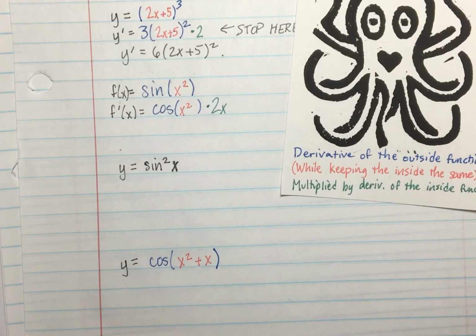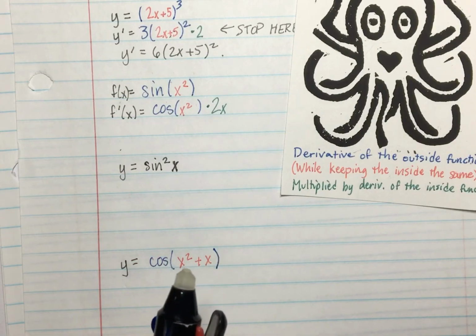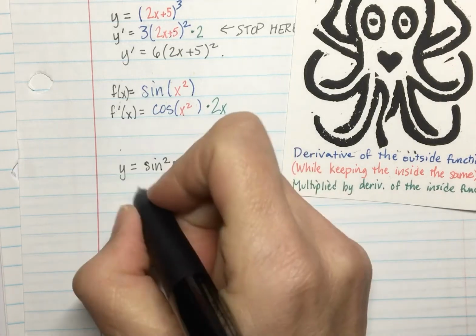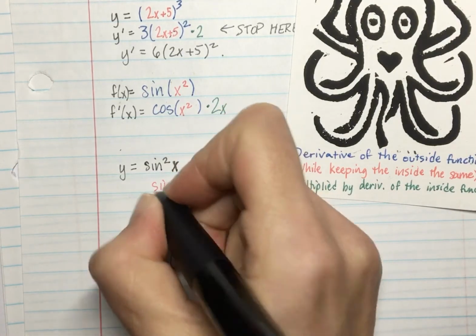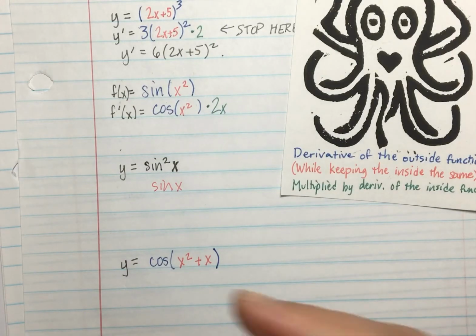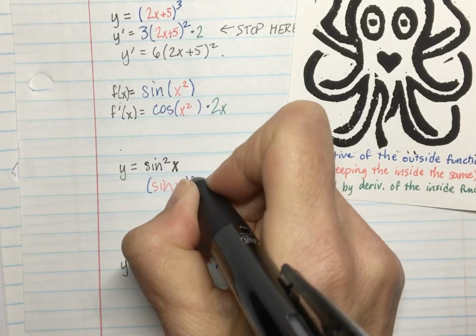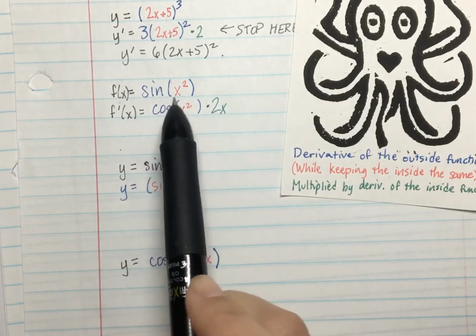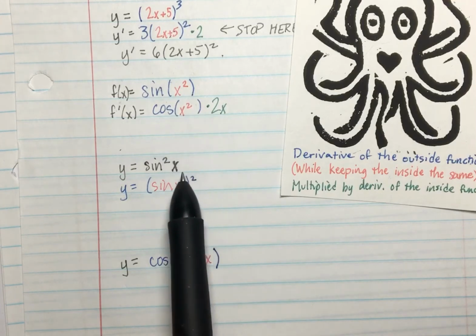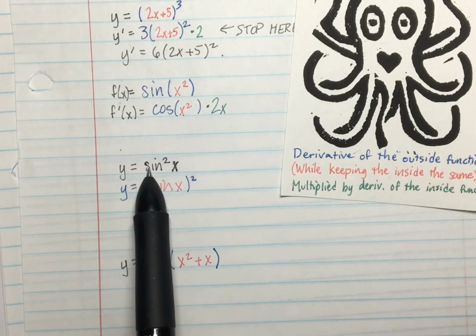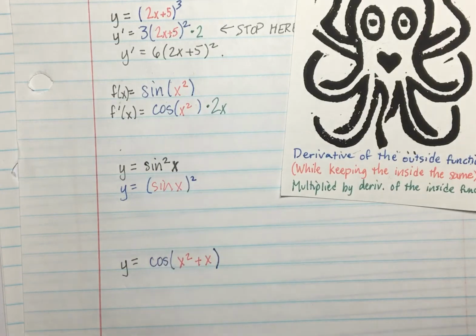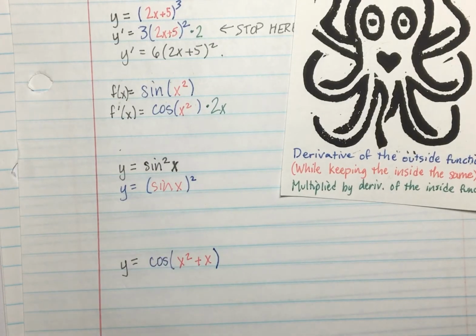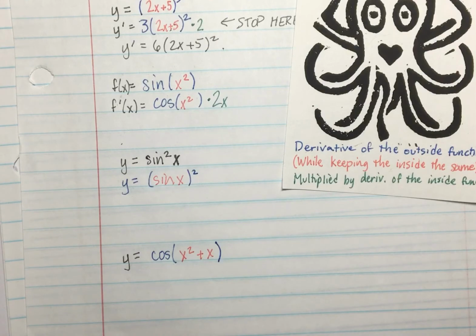When you see sine squared x like that, what it really means is that sine x is the inside function, and the outside function is the squared. So you really have to watch closely when you see something like sine of x squared versus sine squared x. Anytime you see sine with an exponent on it, I suggest rewriting it with parentheses because then it's very clear what your inside and outside is.